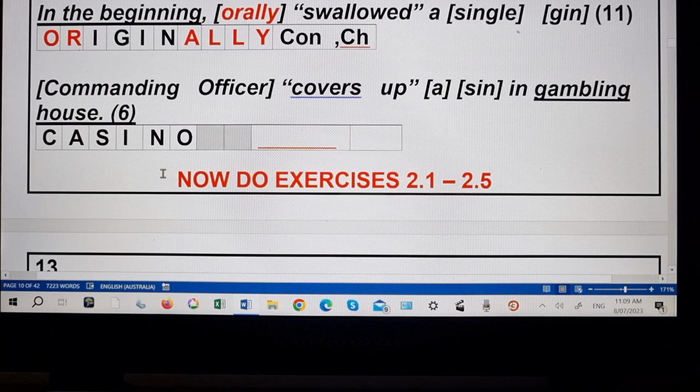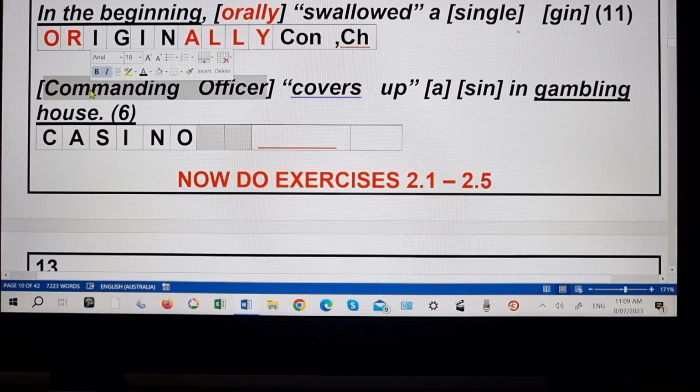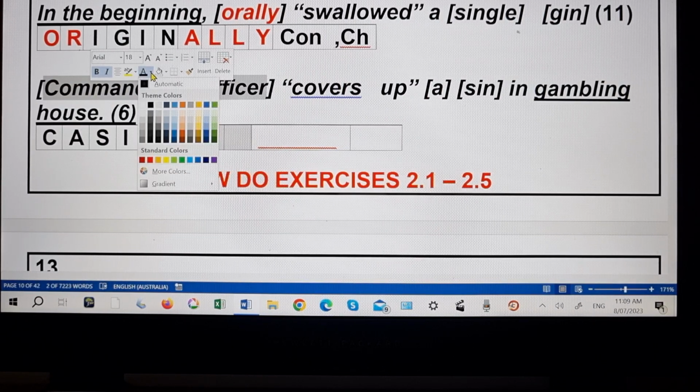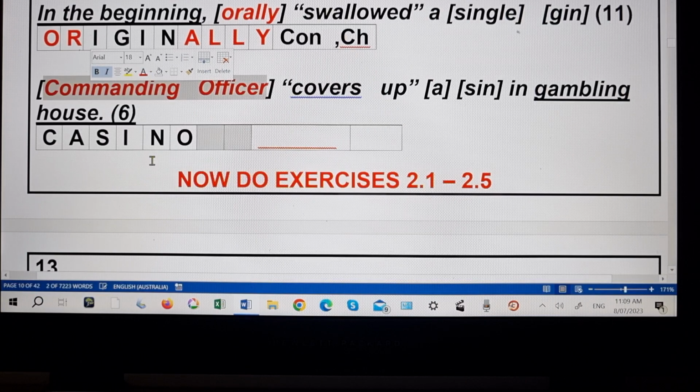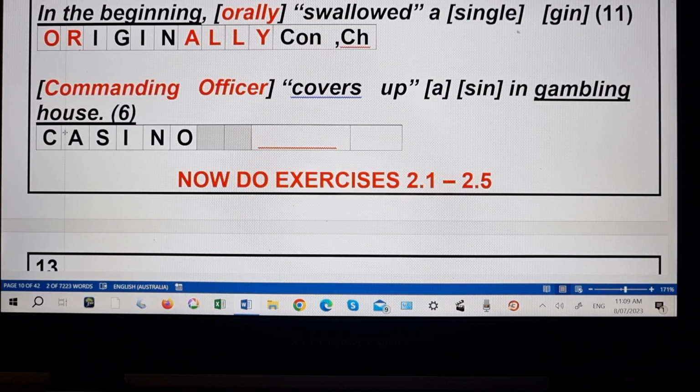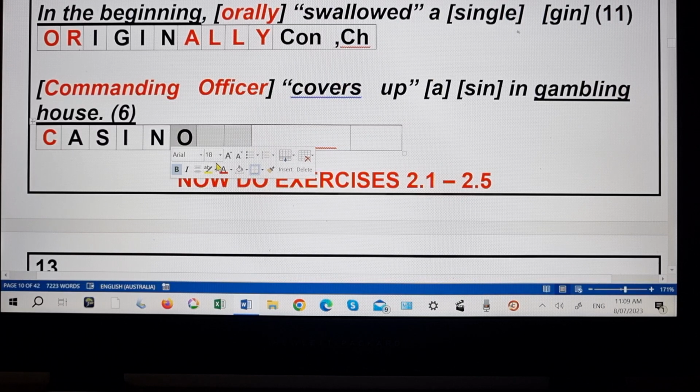Now, can we prove it? What's a commanding officer? Commanding officer is abbreviated. There's your abbreviation coming in, which we should have mentioned before. Commanding officer abbreviates to CO. CO is the abbreviation for commanding officer.